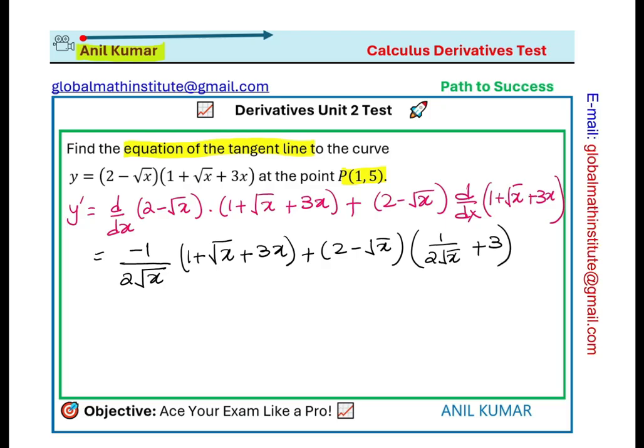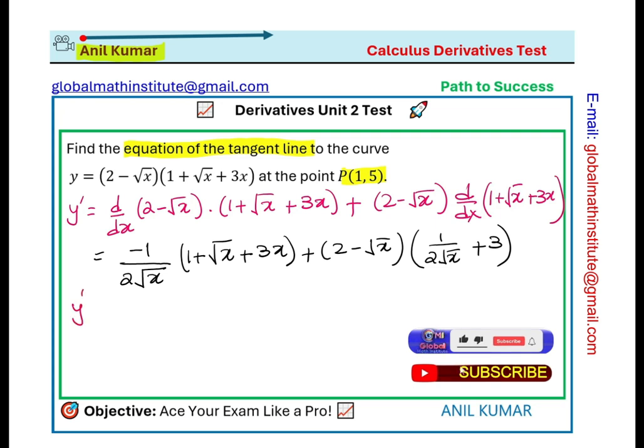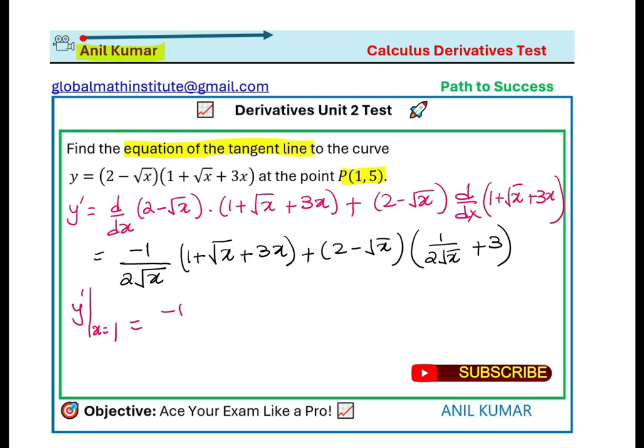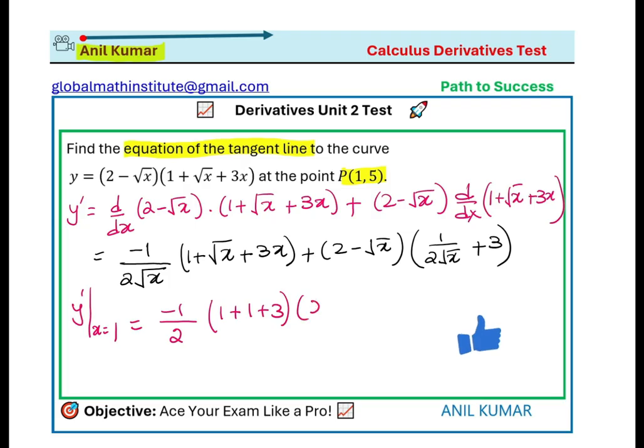Basically, we need to find the slope of the tangent line at x equals 1. So we'll say y prime at x equals 1. No need to simplify this equation. We just put x equals 1. So we get minus 1 over 2, where x is 1, times 1 plus 1 plus 3, plus 2 minus 1, times half plus 3. That's simple, right?